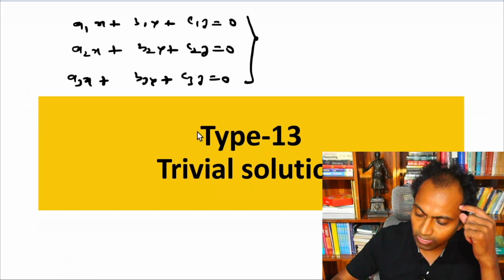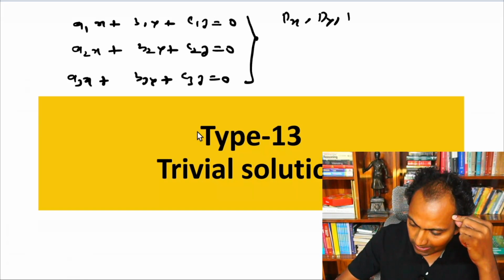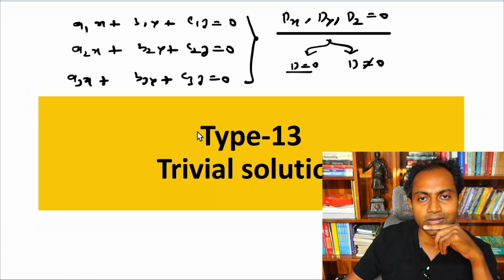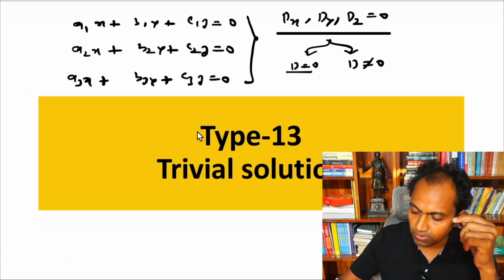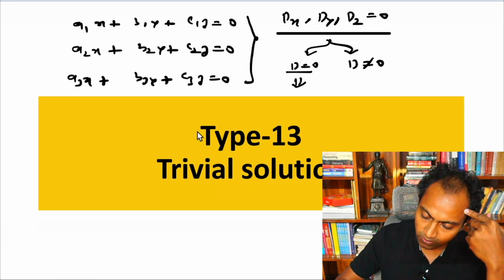Now here, by default, if you find the value of dx, dy and dz, it will be equal to 0. So the only thing that can happen, and we did a question on this, is that d will be equal to 0 or d will not be equal to 0. This is the only possibility. If d becomes 0, it can have infinite solutions.